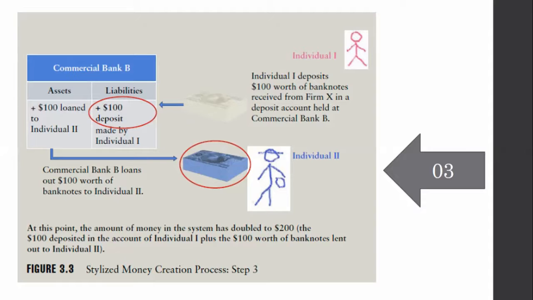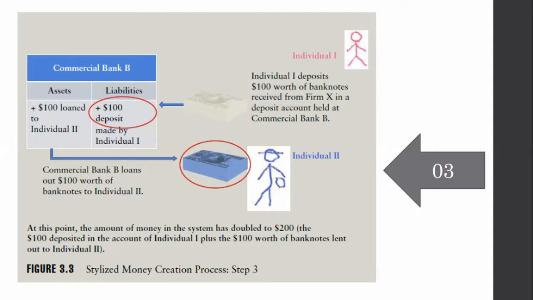So to cover that expenditure, they should earn a revenue using the deposit. For that, they will lend that $100 to someone else. Let's suppose to individual 2. So the Commercial Bank B loans out $100 worth of bank notes to individual 2, right?